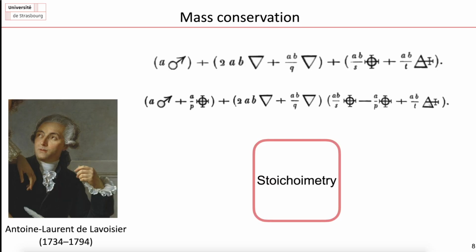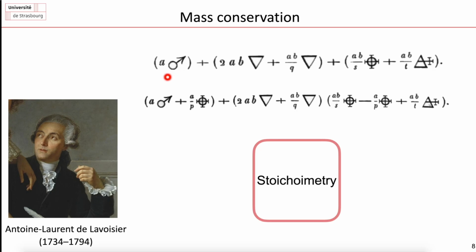So someone very famous in the field of chemistry, of course, but not really credited to the field of chemical kinetics, is Lavoisier. So Lavoisier actually brought some of the first quantitative measurements to chemistry, and also to affinity diagrams. So here you can see one of these examples from the work of Lavoisier.